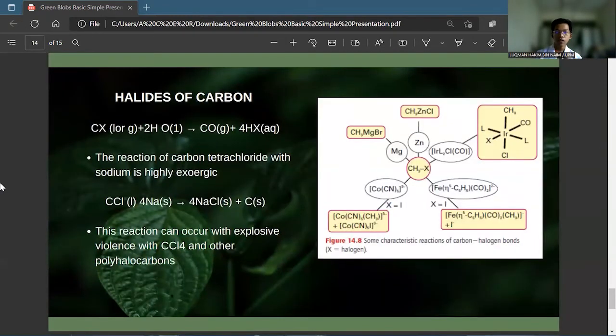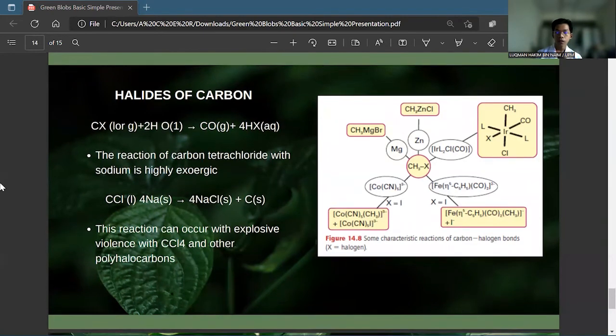For the next one, the halides of carbon: CCl4 plus 4Na becomes 4NaCl plus C. The reaction of carbon tetrachloride with sodium is highly exothermic. This reaction can occur explosively and violently with CCl4 and other polyhalocarbons.